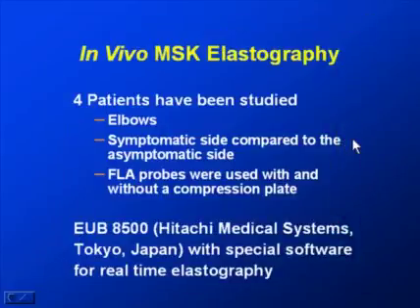We've also looked at 4 patients with musculoskeletal disease just as a pilot study. These people had essentially tennis elbows, and in one case they were symptomatic on one side compared to the other side that was asymptomatic. So we went in and used the probes without a compression plate again on the Hitachi system.